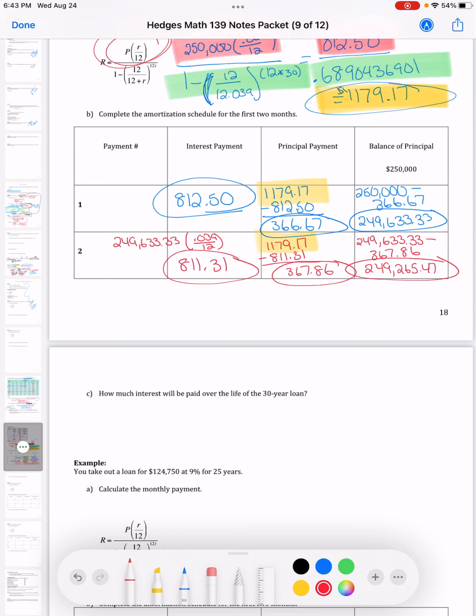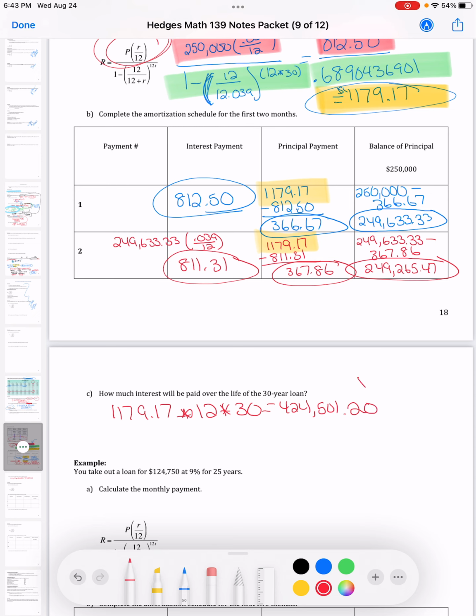The interest for the whole time. We're not going to use the table. This is going back to what we did before. So each month, that's how much I have to pay the bank. I do that every month for 30 years. That's going to give me a big number in my calculator.